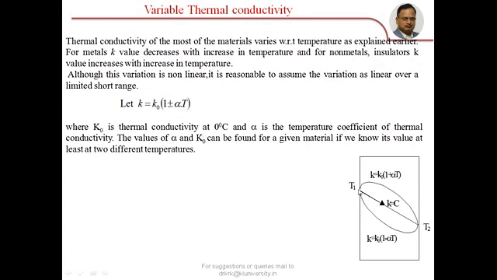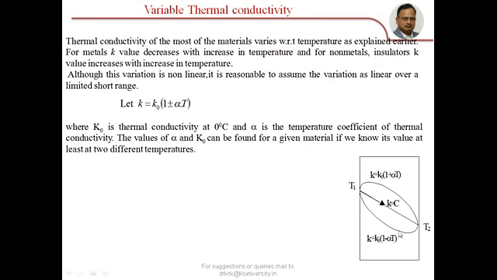If you consider thermal conductivity as constant, the temperature variation in the slab is linear, an inclined straight line. If you consider the thermal conductivity K as K naught into 1 plus alpha T, like in non-metals and gases, the temperature variation will be convex in shape, a curved shape.